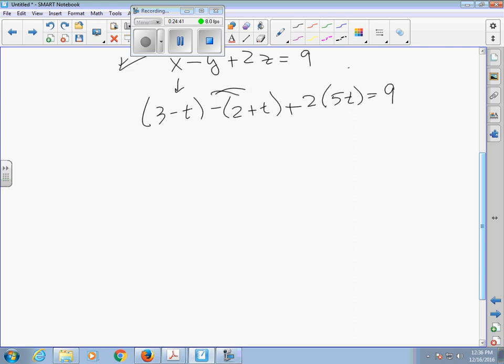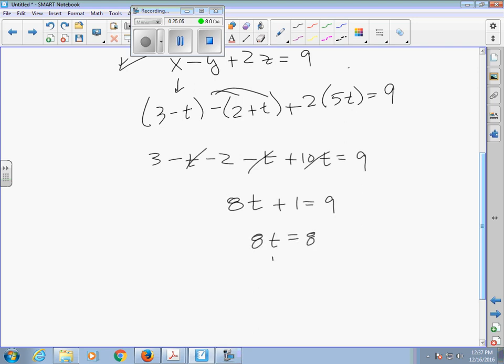So now this is the algebra. We have 3 minus t minus 2, minus 2 plus 10t equals 9. Negative t minus 2t plus 10t is 8t. Then we have 3 minus 2, which is plus 1, equals 9. So we have 8t equals 8, and t equals 1.